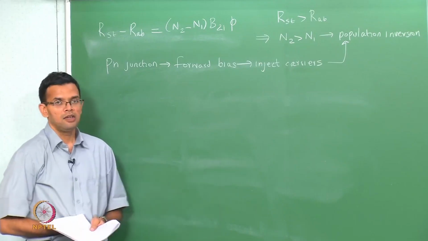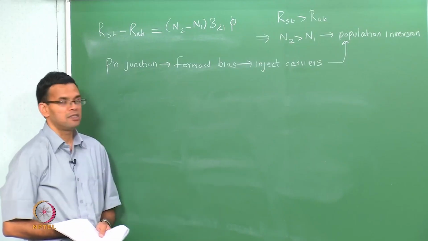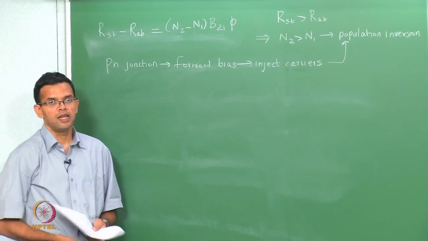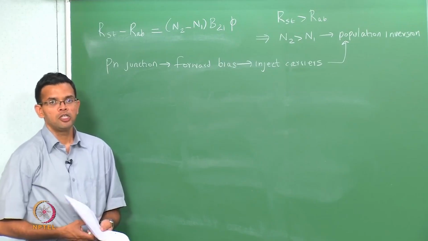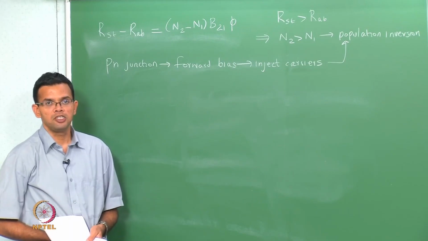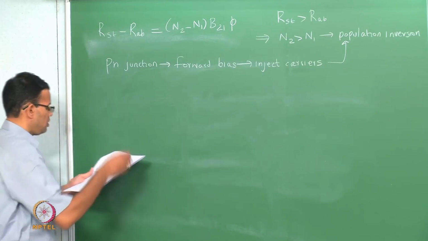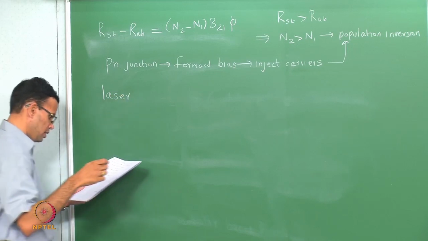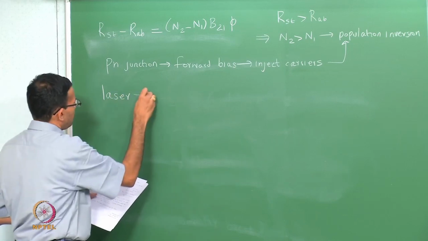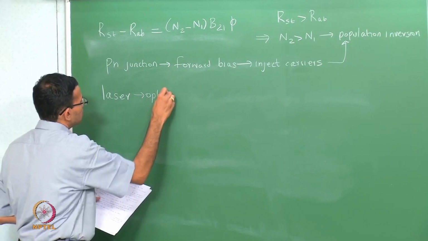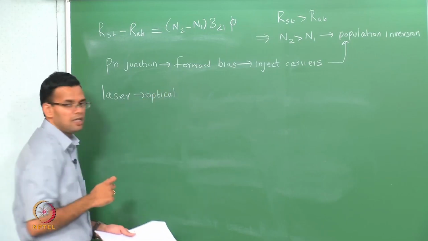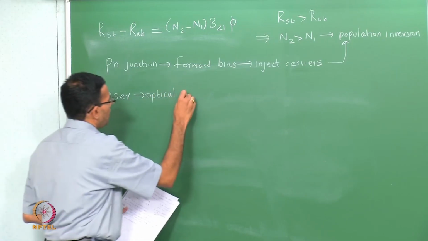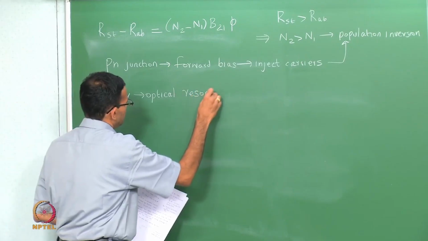We have seen earlier that a semiconductor laser structure is similar to an LED, but we also have other optical components to the device. So, typically a laser will have optical resonators, we will see those in a minute.